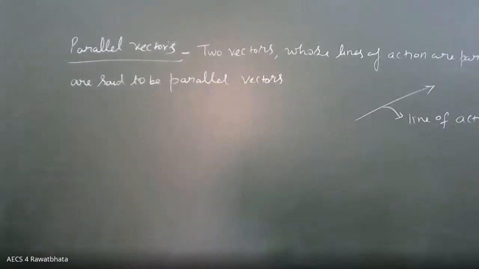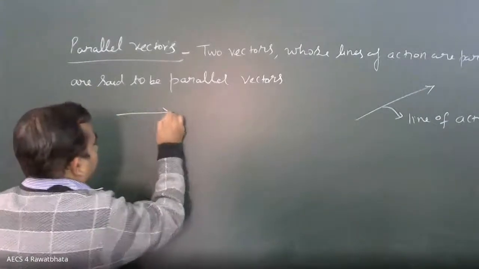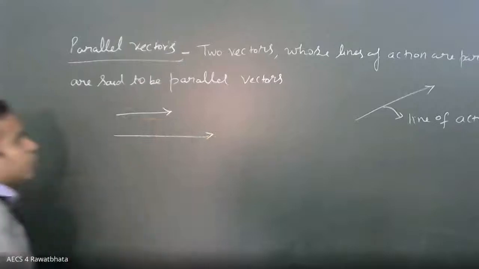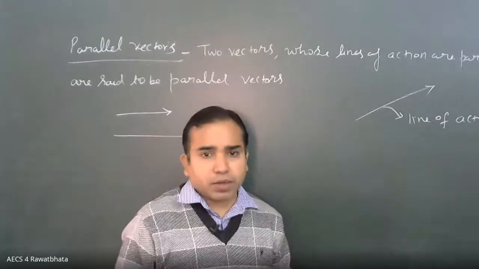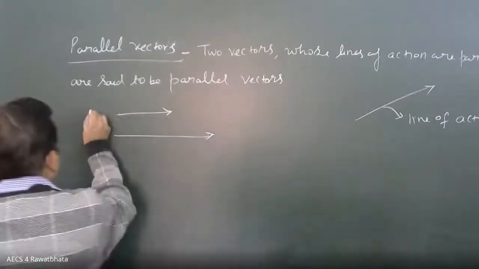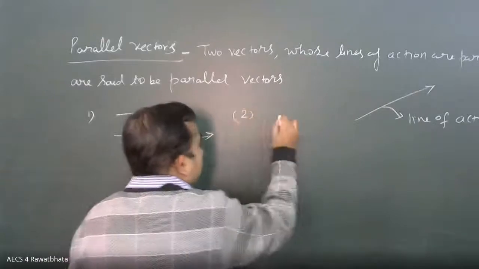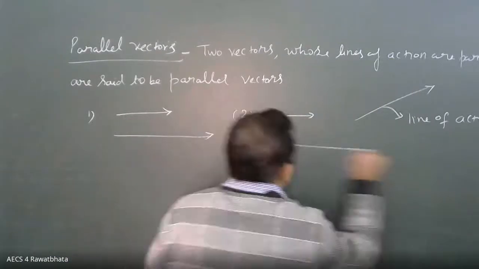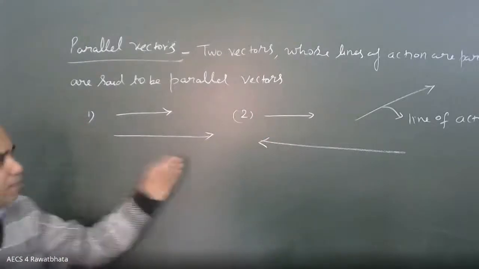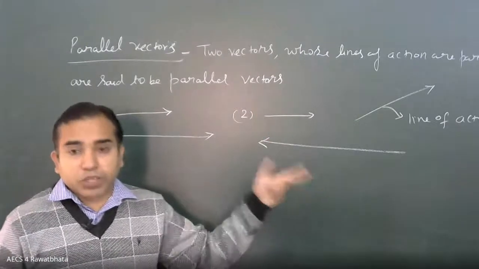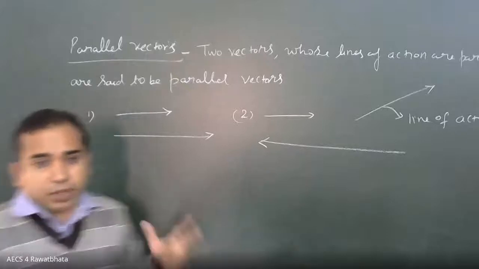Okay, for example, if I want to show, these are parallel vectors, and parallel means that opposite direction also will work. This is example one. One more example if you want to write: this is one vector, this is another vector. So same direction or opposite direction. This also can be another definition.